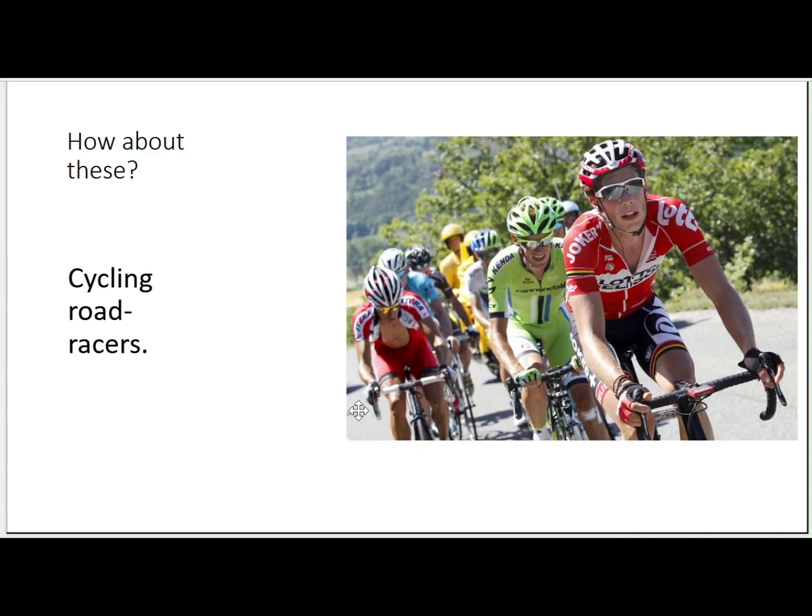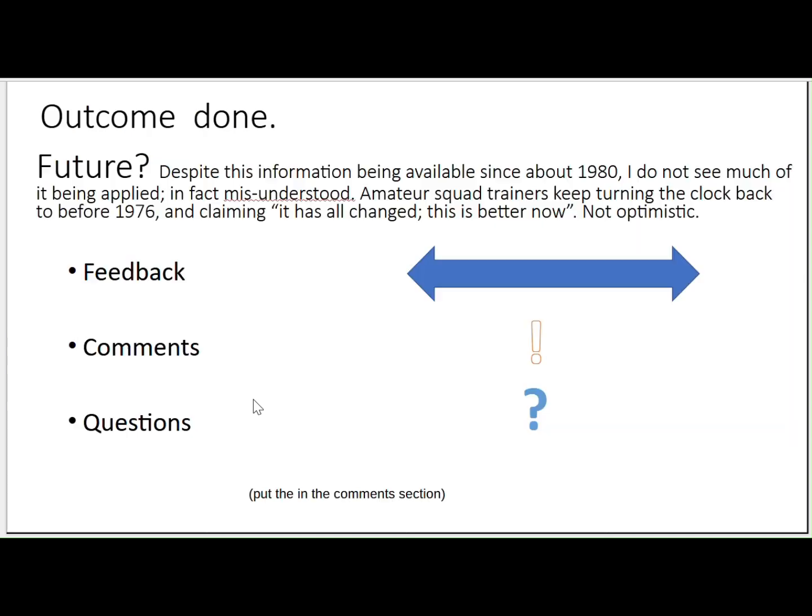How about this one? In my range of illustrations of representative sports there, I wanted to put this one in, but I ran out of space. So there we are. There's some cycling road races. Have a think about what sort of muscle composition would favour them. So the outcome is done.